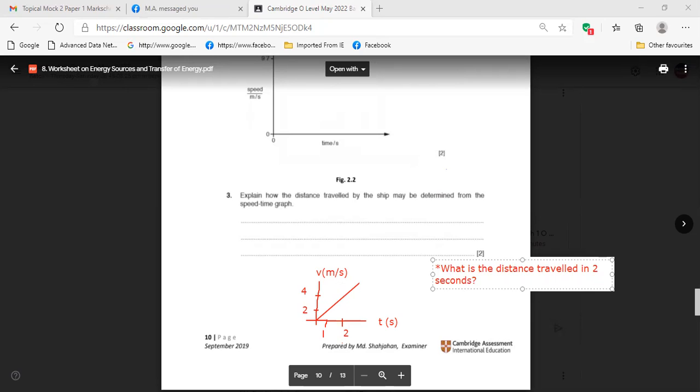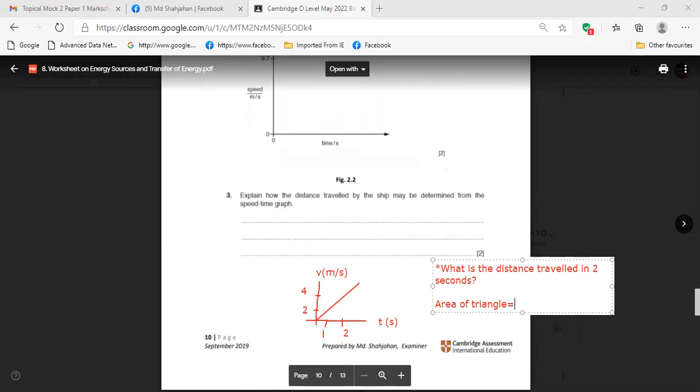For this we will take the area under the graph. Area of a triangle.